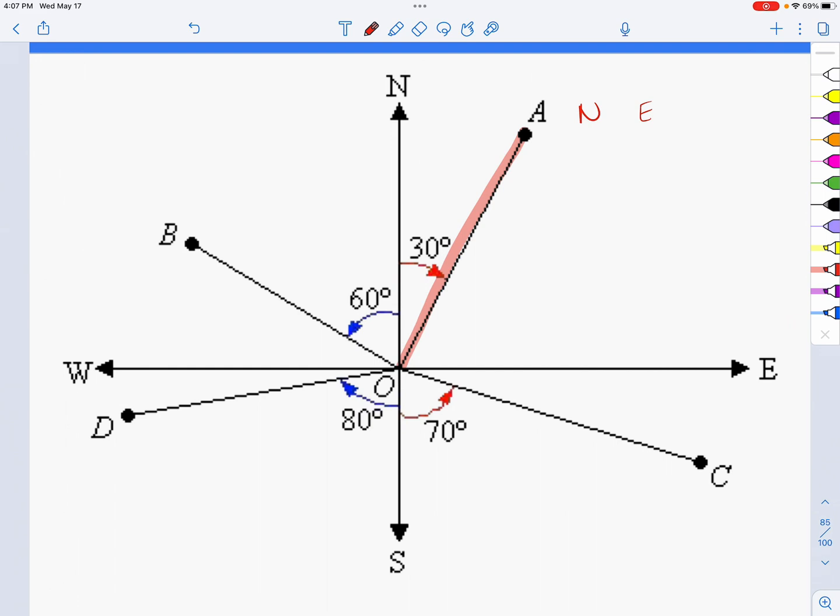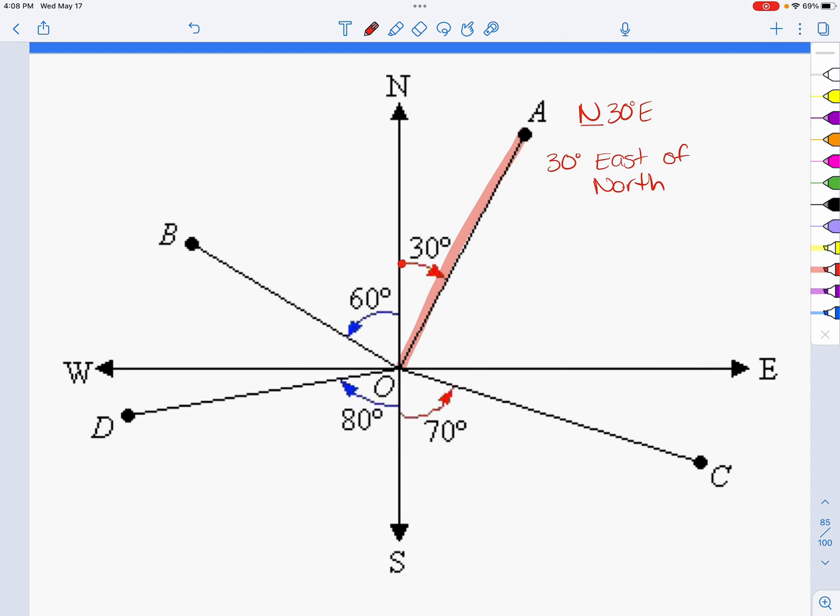In words, it might be written as 30 degrees east of north. You can see it's east of north because I'm measuring it from north. Here is due north, but I'm going 30 degrees towards the east. A shorter way of writing that exact same sentence would be to say north, then 30 degrees to the east.